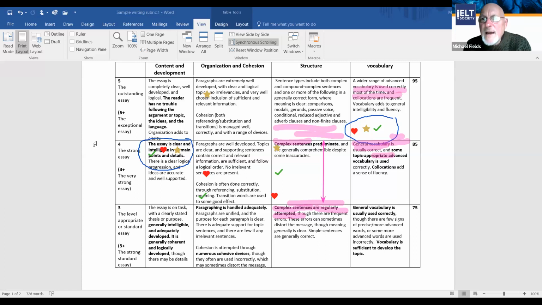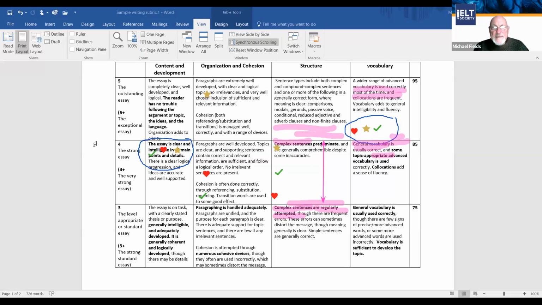And I wouldn't really give it that, because you can see that all that vocabulary is sort of pulled out from the reading and dropped in, which is good if they're using it right. I'm not criticizing that, but you don't really get that feeling that they're able to write that way intelligibly and fluently, right? It's more like they've extracted that from the reading and dropped it in. And that's why I think this 4+ is probably right on.